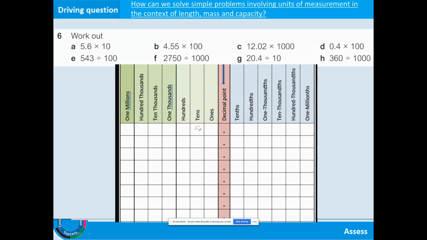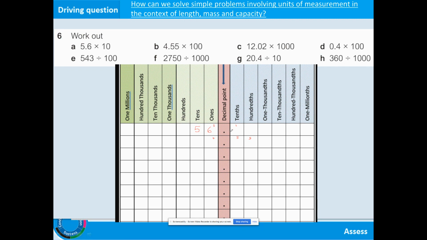So I'm going to end up with 56. 4.55, so it'd be 4. I might just write it little here so you can see what's happening. 4.55. Go back and put that 5.6 in there. Okay, so we can see we've moved one place over because we multiplied by 10.